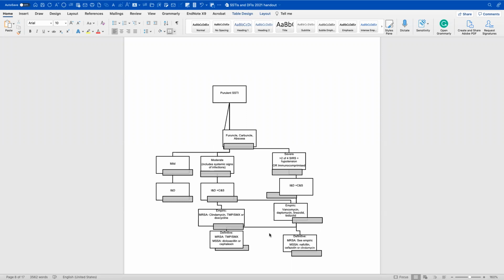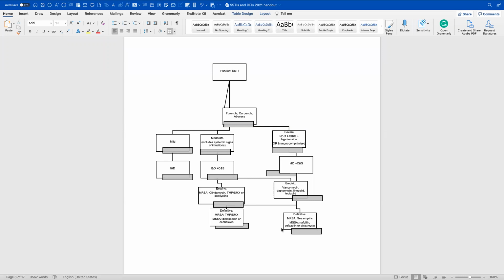Based upon what you get, if you do culture and sensitivity, you can then scale down. So for definitive therapy, you can stay with the Bactrim if we know that it is MSSA, meaning that we did get some type of culture and sensitivity result. You can do dicloxacillin, you can do cephalexin.